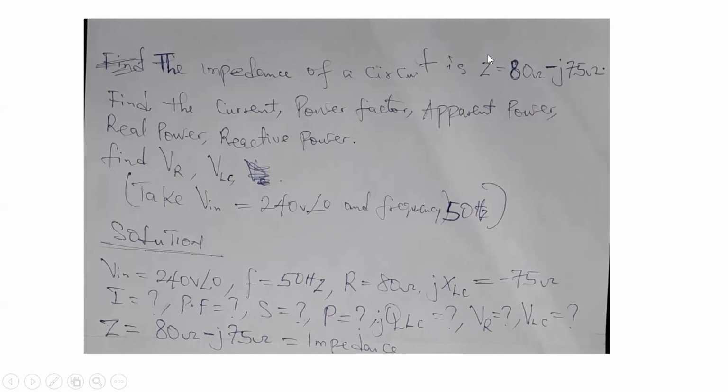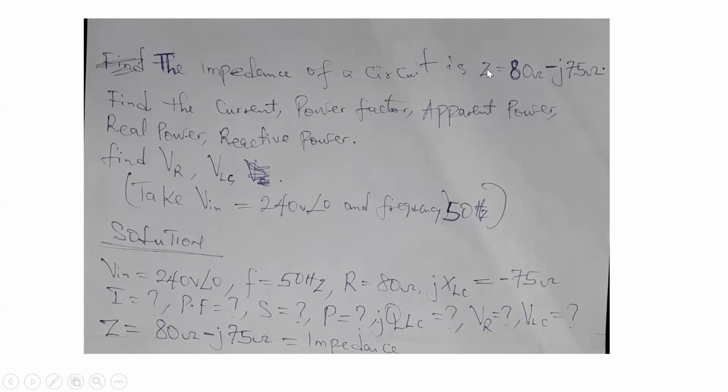When you see this Z, we use it to denote impedance. And impedance is a combination of resistor and reactors. Reactive elements are inductor and capacitor. Are you following me? When you combine them in a circuit, what you will have is impedance.